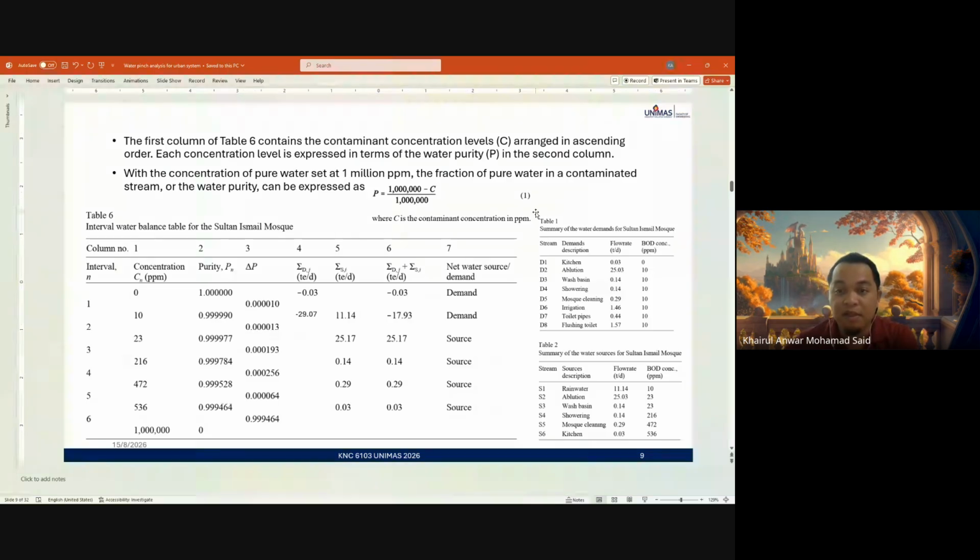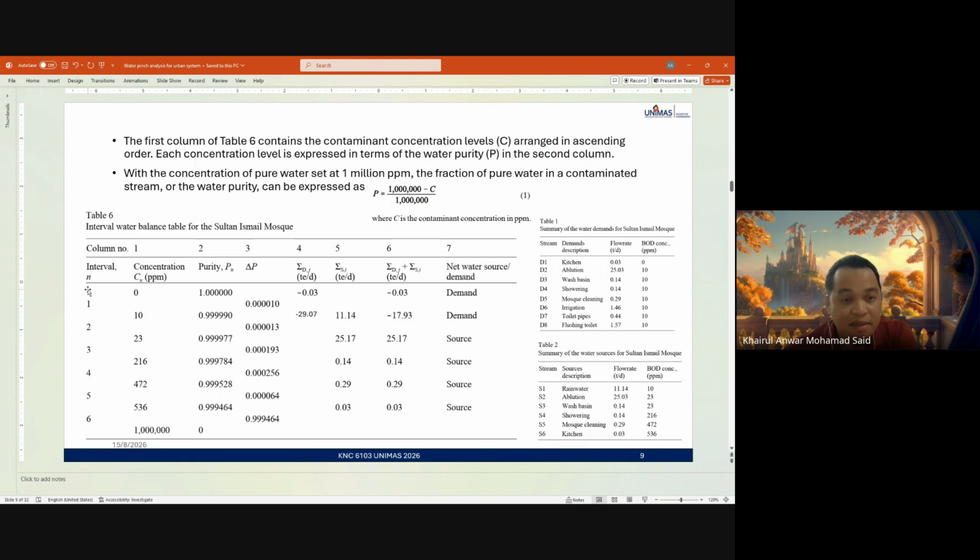So after we identify the tables for water source and water demand, then we can construct table 6, the interval water balance for the mosque. So start with the interval level. The previous paper used level, but this one is using interval.